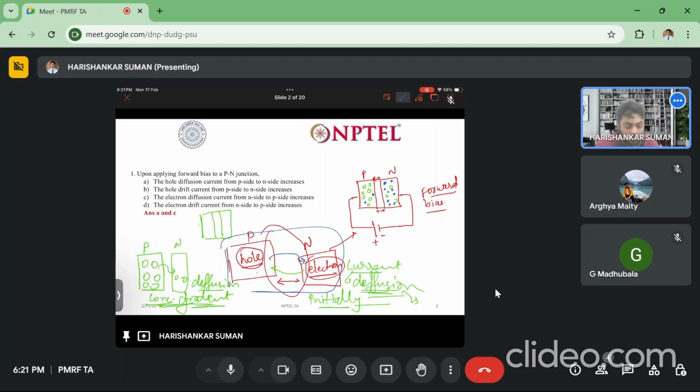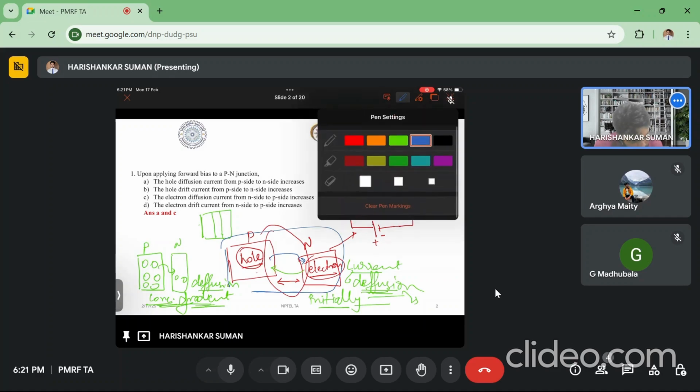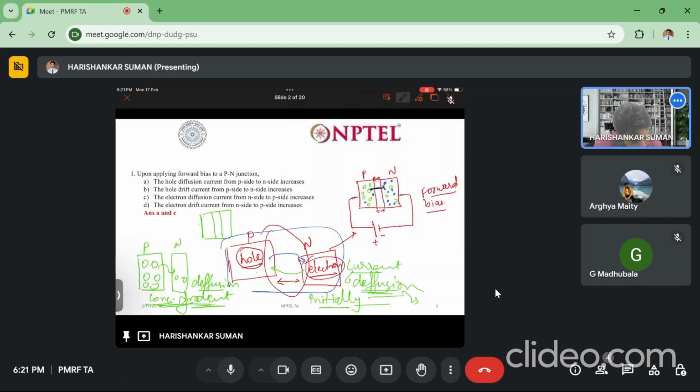But when we apply a voltage, what will happen? Positive holes cross from this side to this side again, and electrons also feel the field.